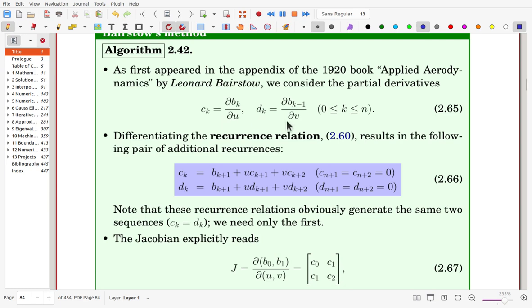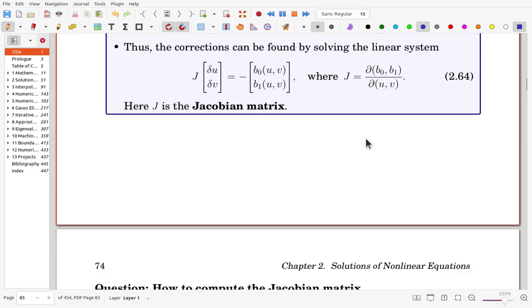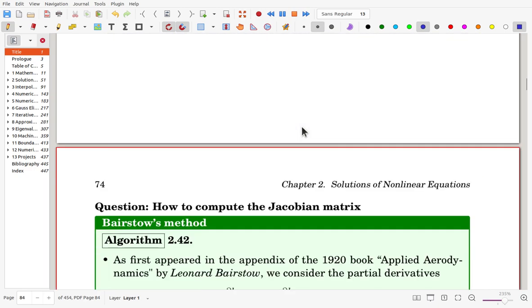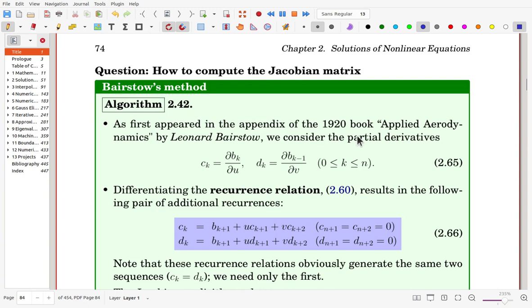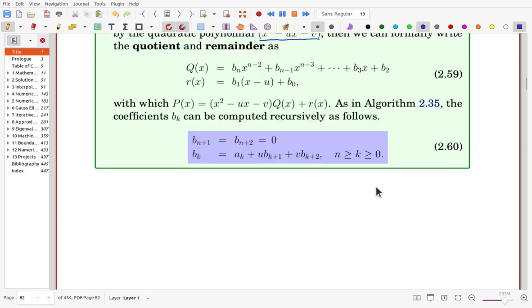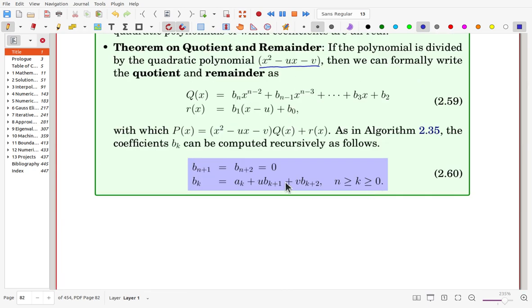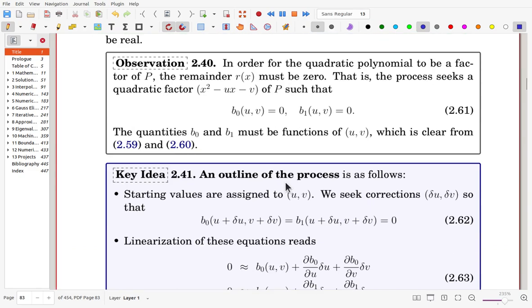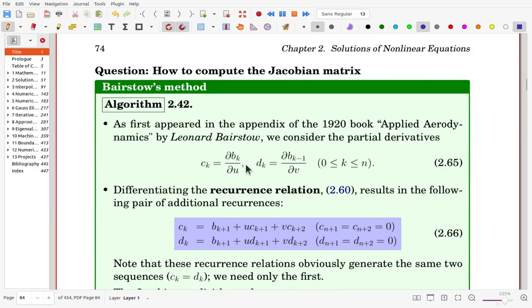We define it this way. In fact, the derivation from earlier in this portion was given by Bairstow in his book, Applied Aerodynamics, published in 1920. In the book, it is given in this way. Then, if you differentiate the recursive formula with respect to u and with respect to v, and then use the definitions here, you can reach these two equations.